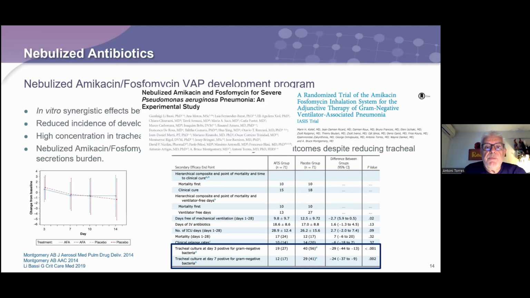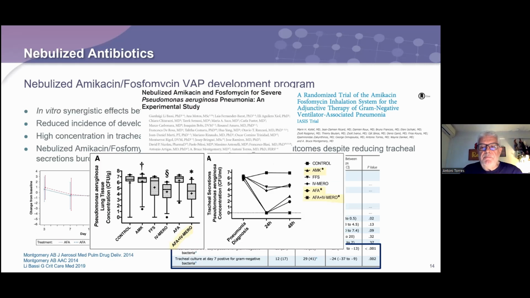And in that case, we performed a study that was published 2 or 3 years ago. We nebulized amikacin and fosfomycin for severe Pseudomonas aeruginosa pneumonia in our pig model.